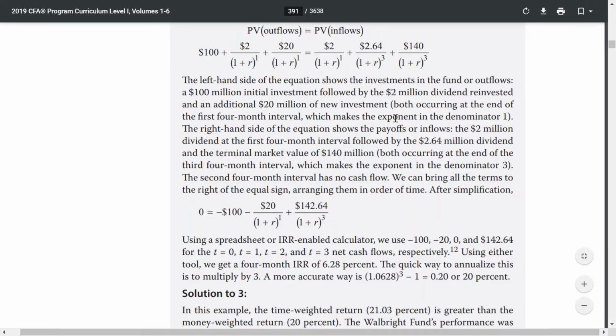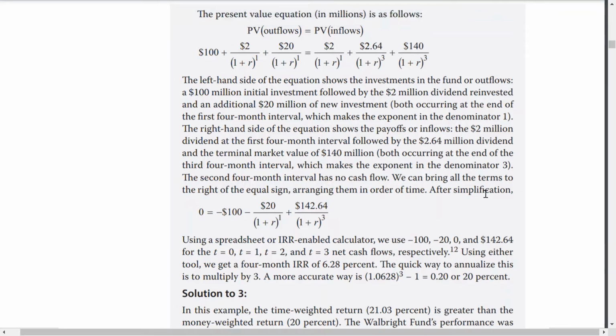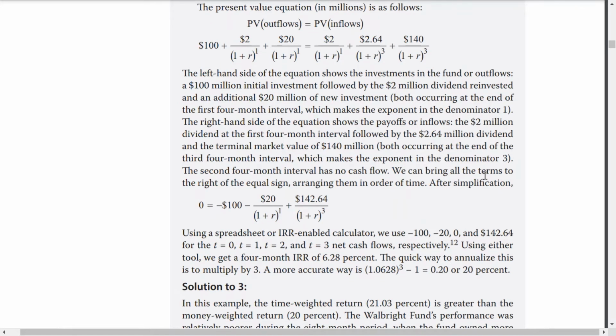The left-hand side of the equation shows the investment in the fund, or outflows, of 100 million initial investment, followed by the 2 million dividend reinvested and an additional 20 million of new investment, both occurring at the end of the first 4-month interval, which makes the exponent of the denominator 1.